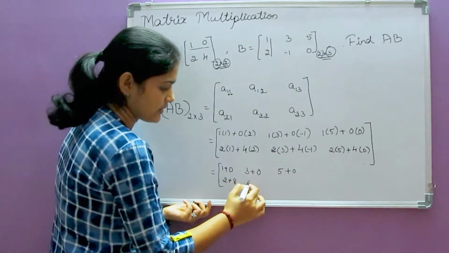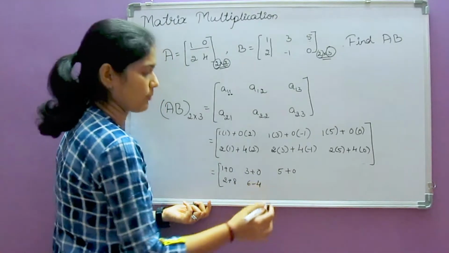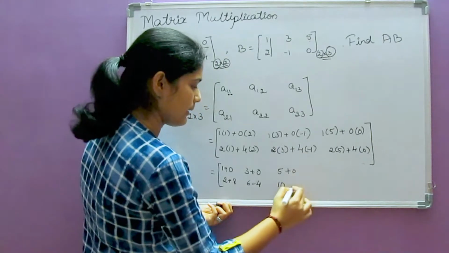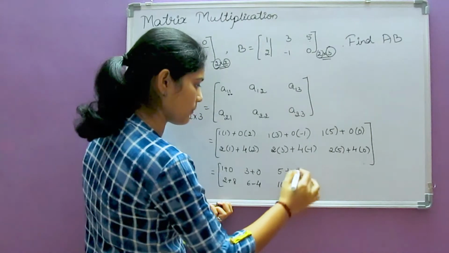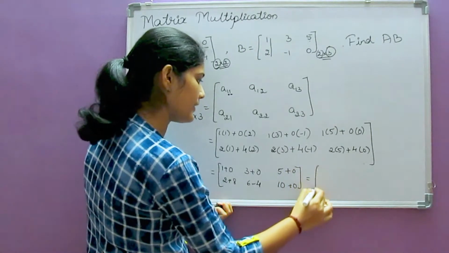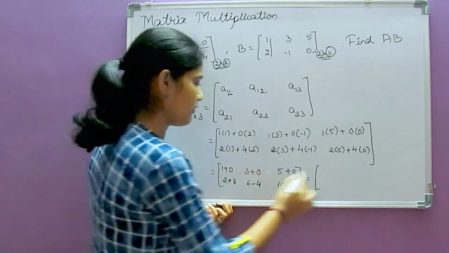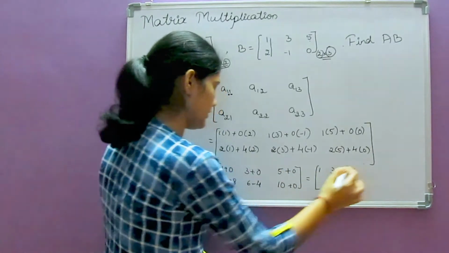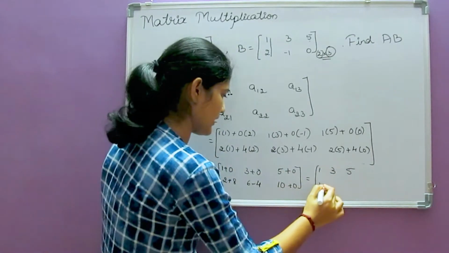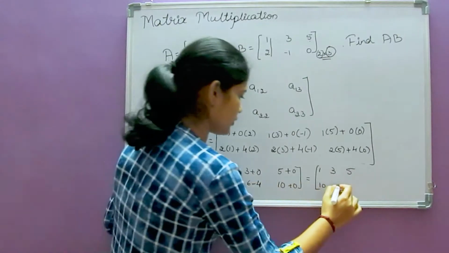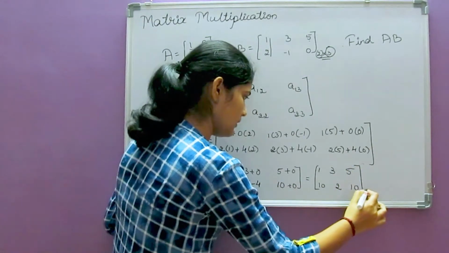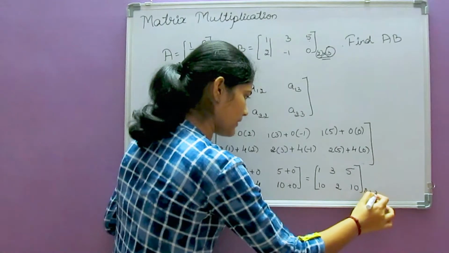Next term will be 6 minus 4. After this, 2 into 5 is 10 plus 4 into 0 is 0. So, the matrix AB is 1, 3, 5 and 2 plus 8 is 10, then 6 minus 4 is 2, lastly 10. This is the matrix AB.